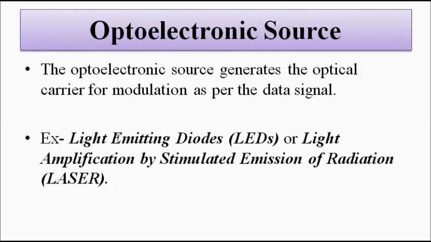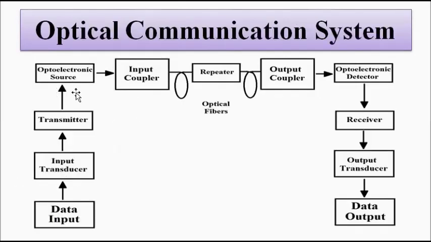So with light emitting diodes and laser, depending on the type of light source we are using, the characteristics such as the wavelength, frequency, amplitude can be varied. So this is the optoelectronic source which generates the carrier signal.